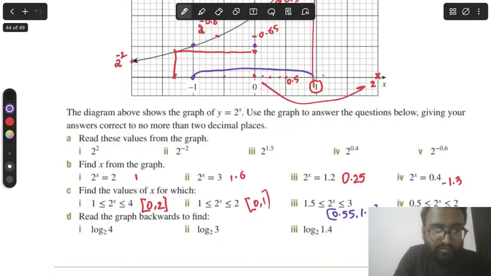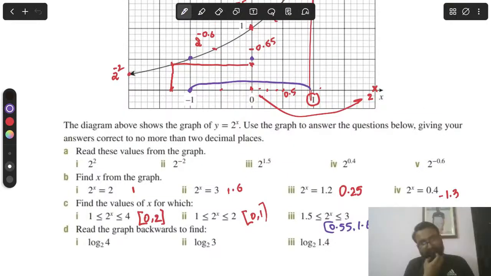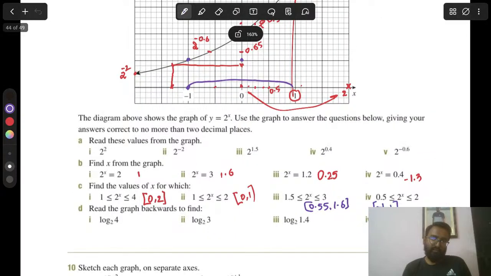Because he has given the values of, how can we get log 4? It's actually 2, but how did we get it? 2 power 2. This is e power x. What about the log x graph? Think carefully.